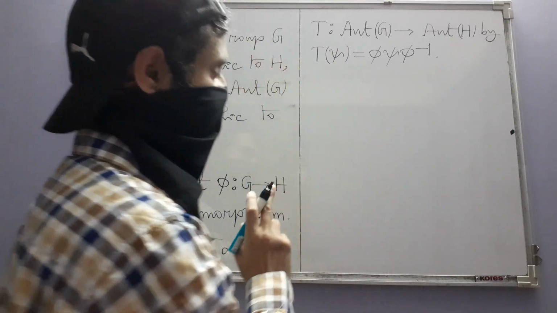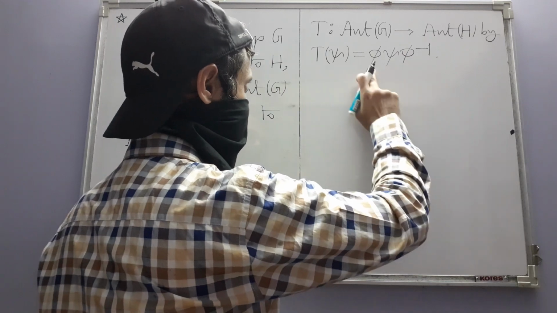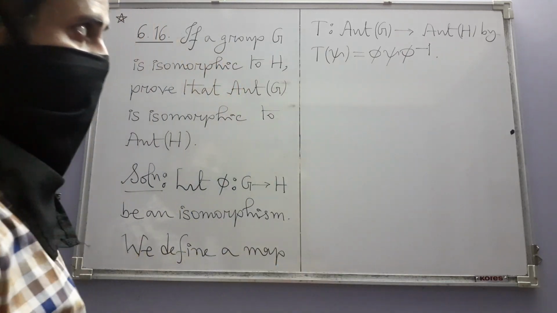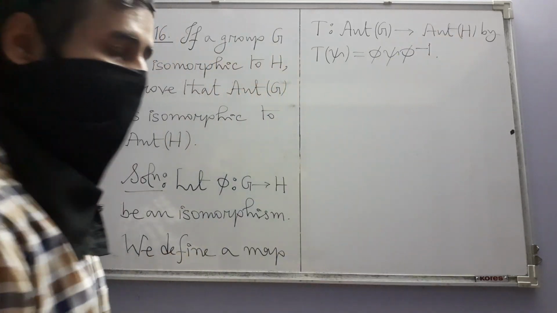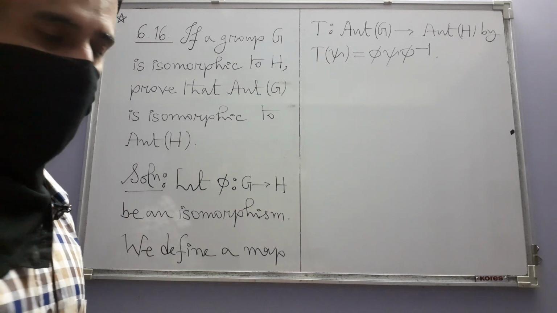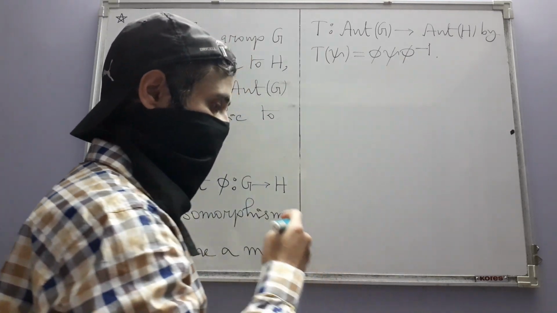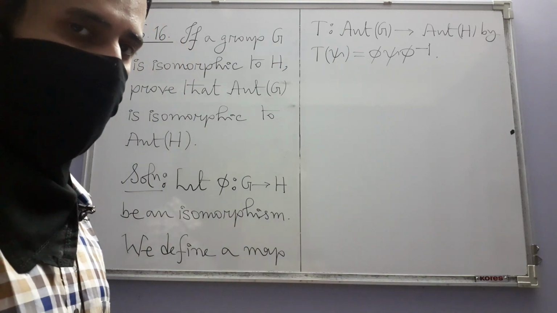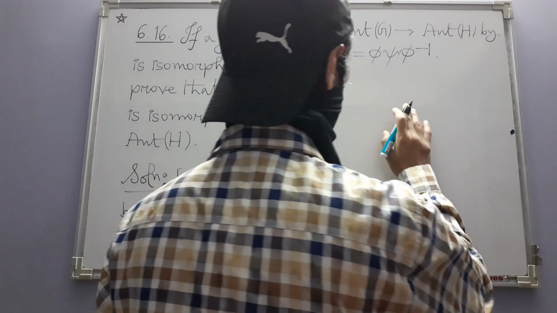So the first thing we have to see is that this composition is in fact an element in the automorphism group of H. And in verifying that, you have to first of all make sure that this is actually a function from H to H, because otherwise how can it belong to the automorphism group of H?